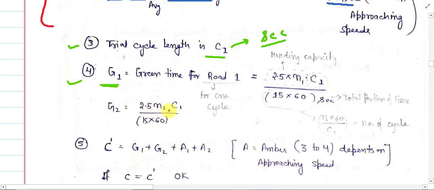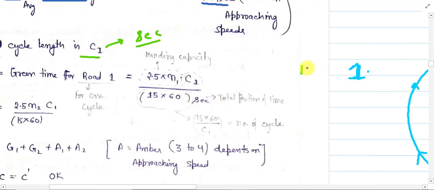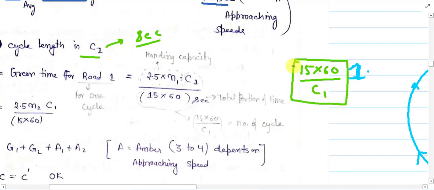Okay. So green time is basically, let me clear you. This is 15 into 60 seconds divided by C1. It is the total number of cycles that appear in 15 minutes. Okay. And green time is the time provided for the vehicles which will clear the intersection.